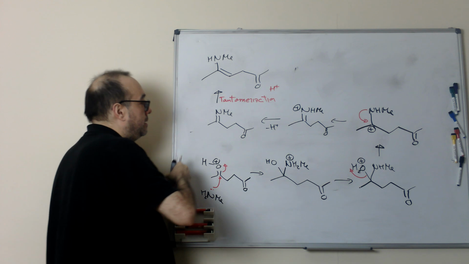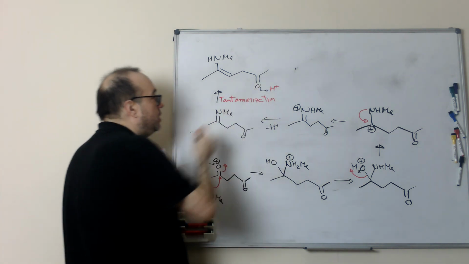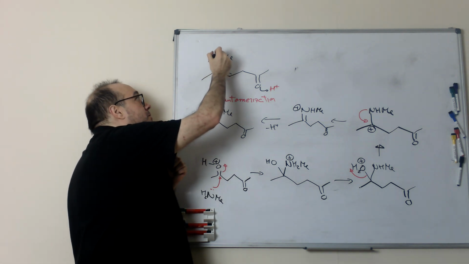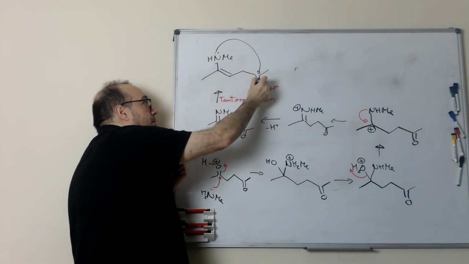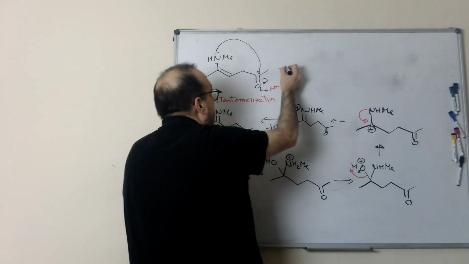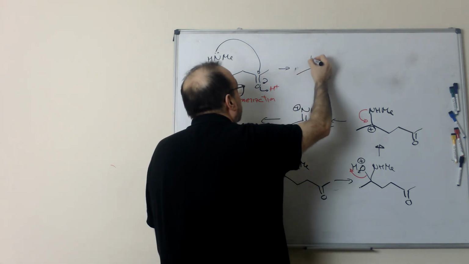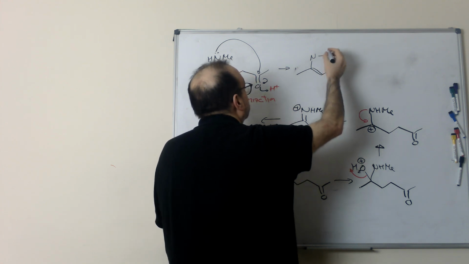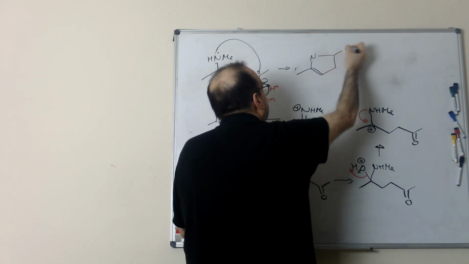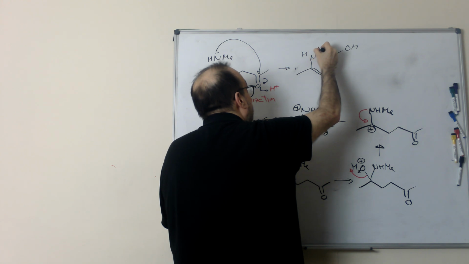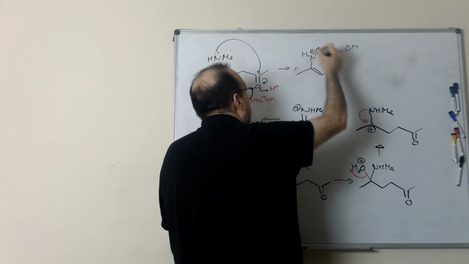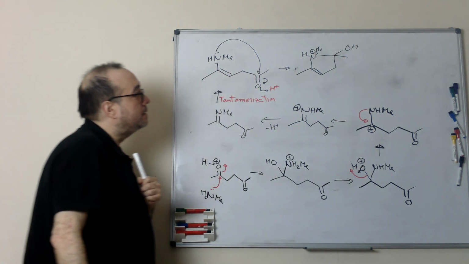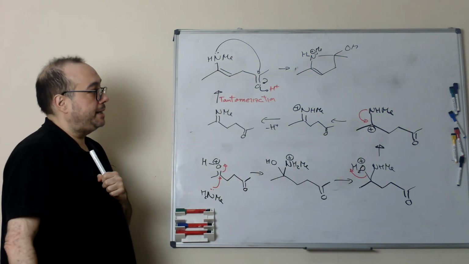Then another proton activates the carbonyl group, and the pair of electrons of this amine attacks intramolecularly to generate this cyclic compound.